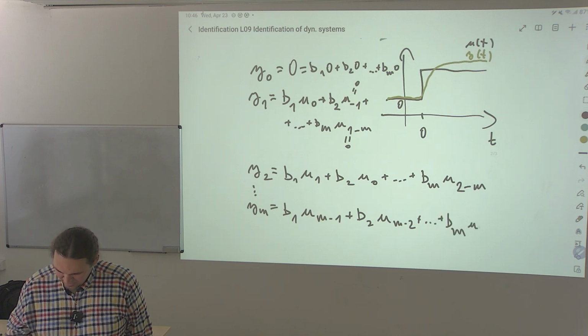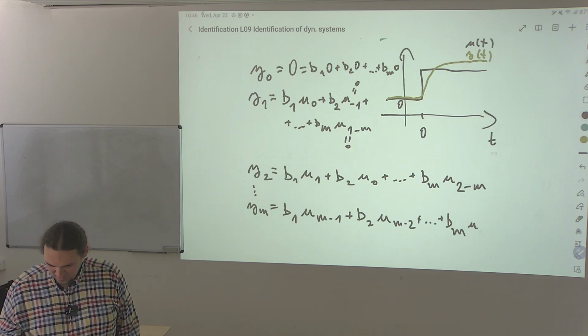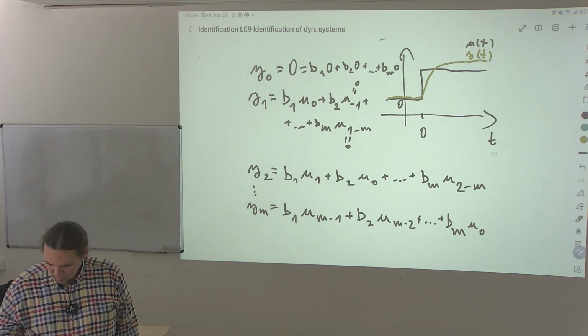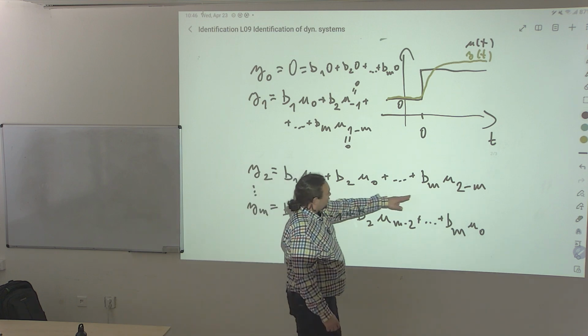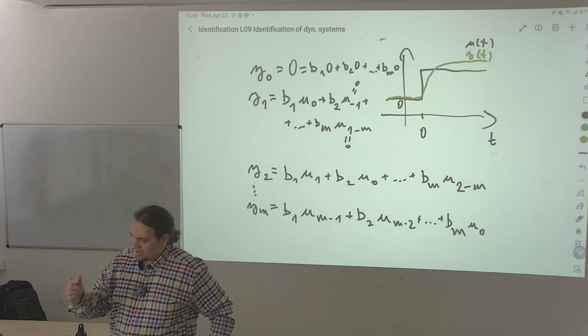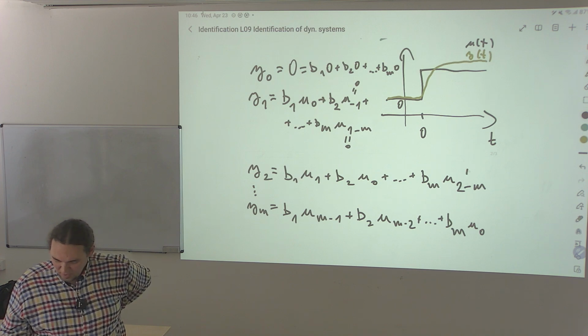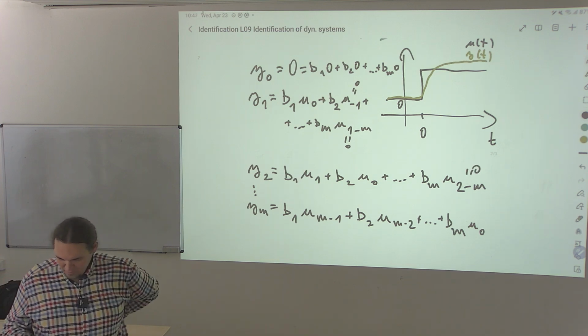And what about this guy here? U0, yeah. While this one was still 0 based on our assumption of the input shape.